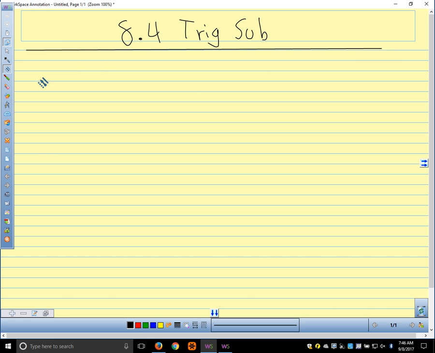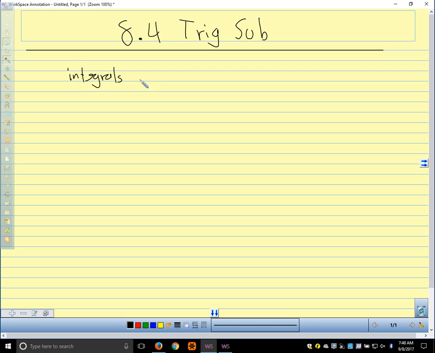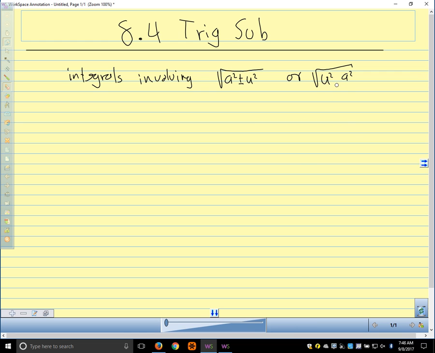Trig sub, you're usually going to use for integrals involving the square root of a squared plus or minus u squared, or the square root of u squared plus or minus a squared. And I guess the plus is the same, so u squared minus a squared.